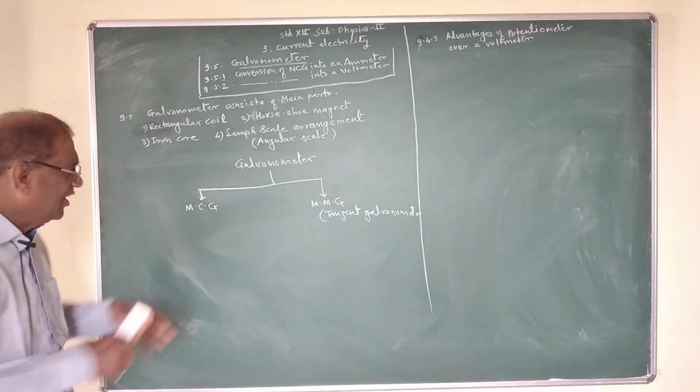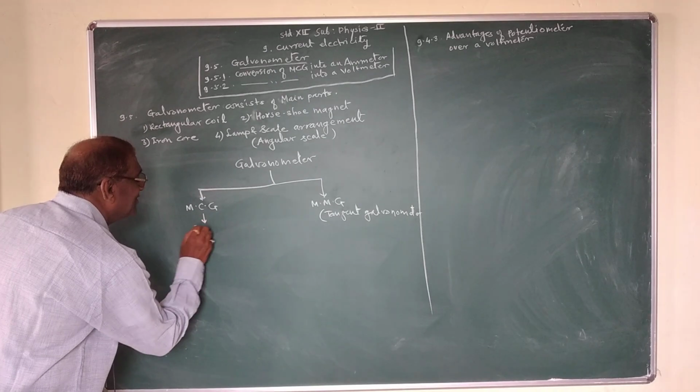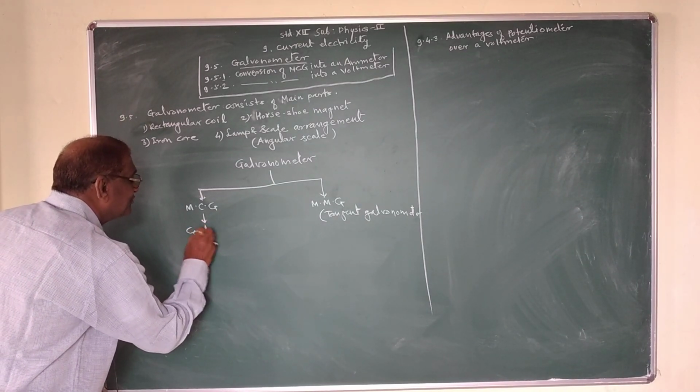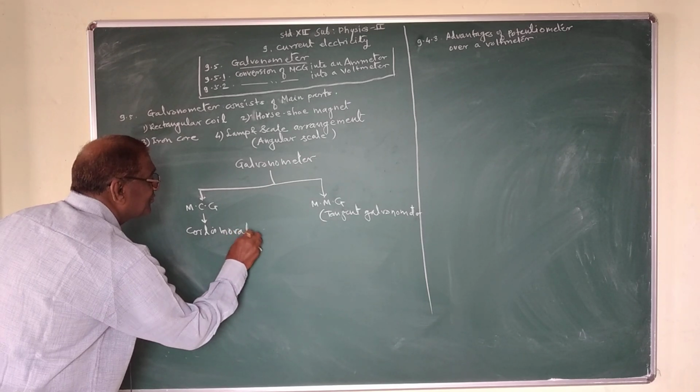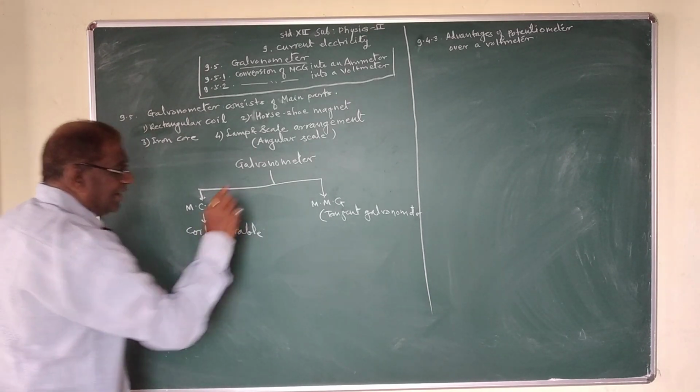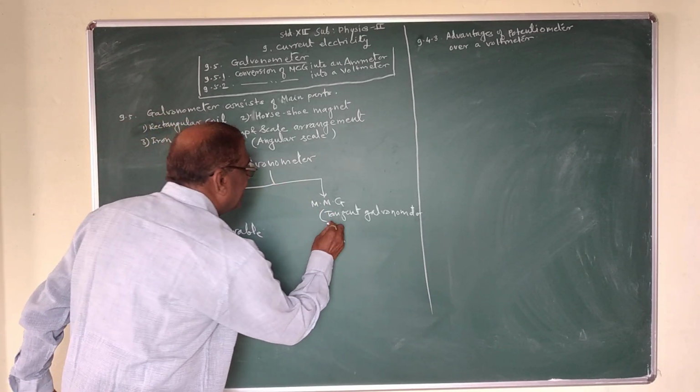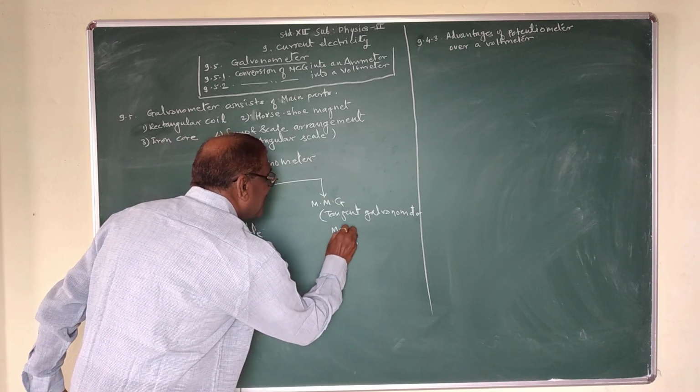In moving coil galvanometer, coil is movable. In moving magnet type galvanometer, magnet is movable.